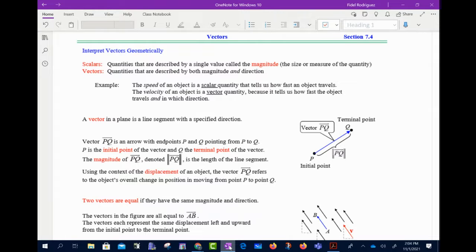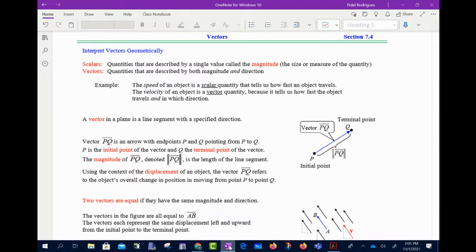So we're going to talk a little bit about vectors. Okay, so how do we interpret vectors geometrically? Scalars are quantities that are described by a single value called the magnitude, or the length, the size of the measure. And then vectors are quantities that are described by both magnitude and direction.